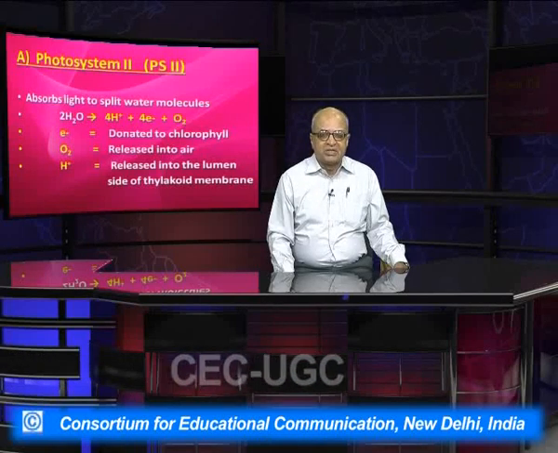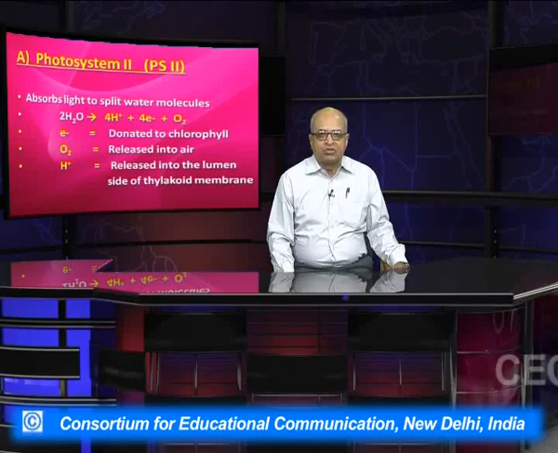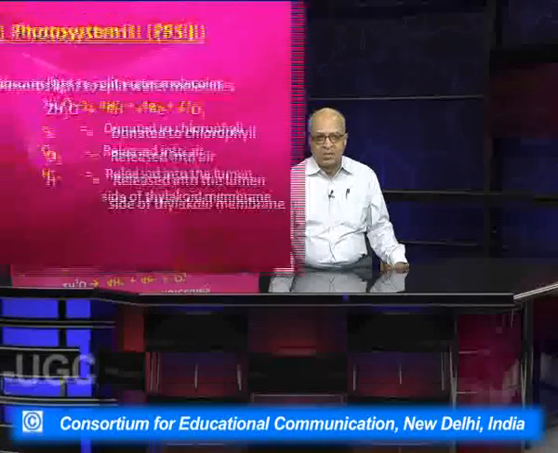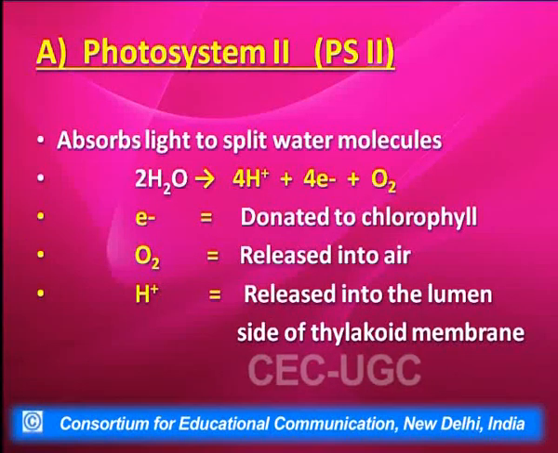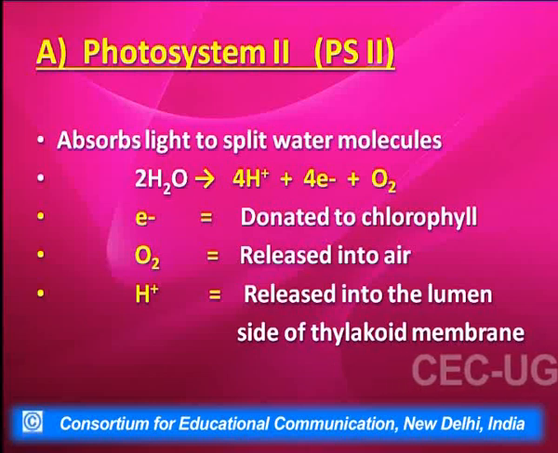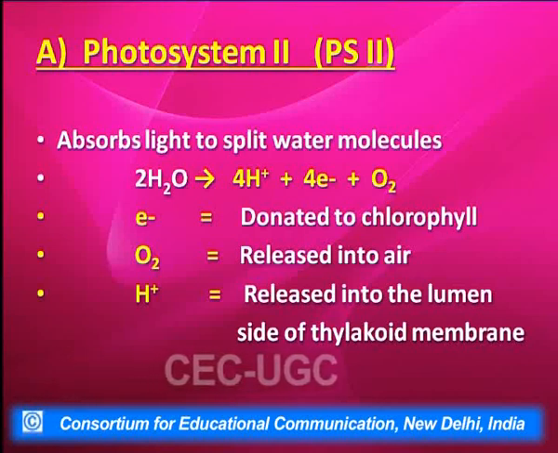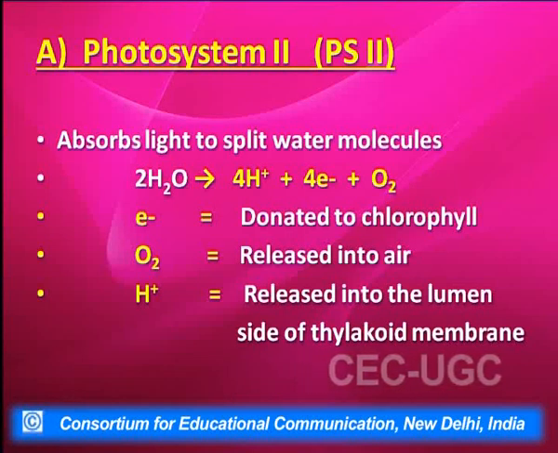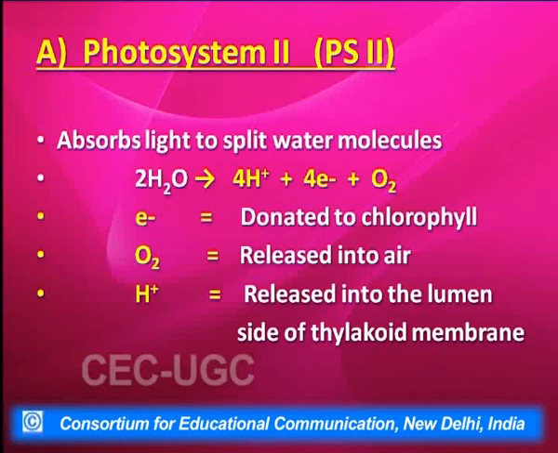That means it is a high energy system, a very strong oxidant and a weak reductant. It is at this photosystem that we have the reaction center P680, where light quanta are absorbed, and finally water molecules get split into 4 protons, 4 electrons and oxygen.